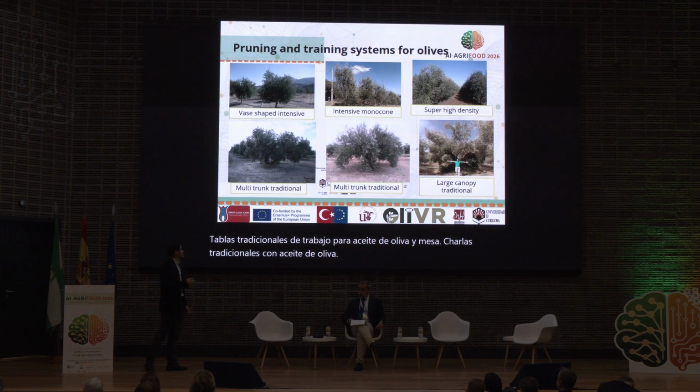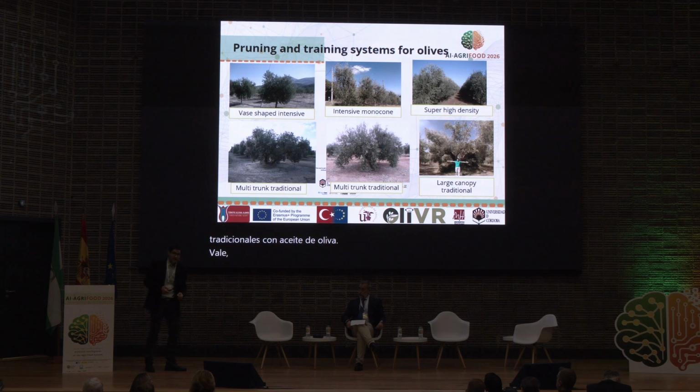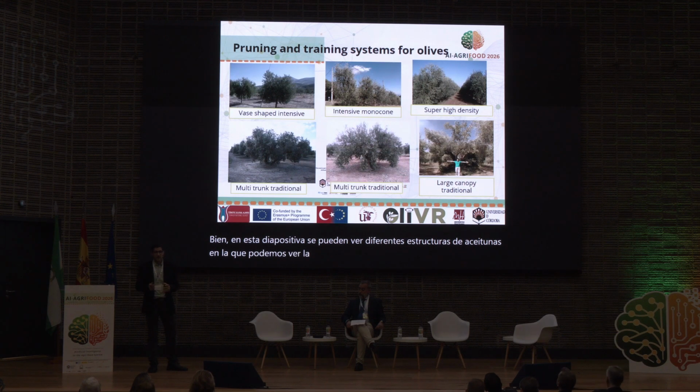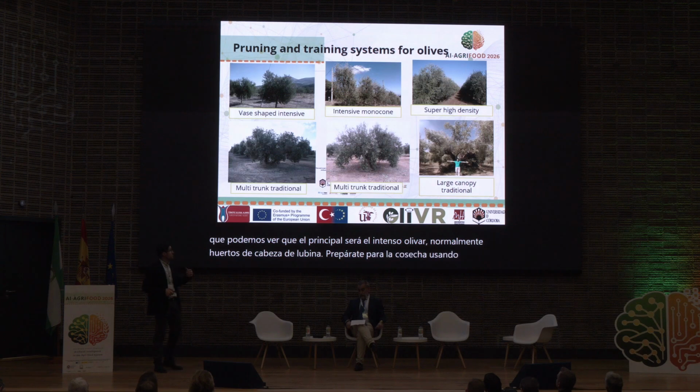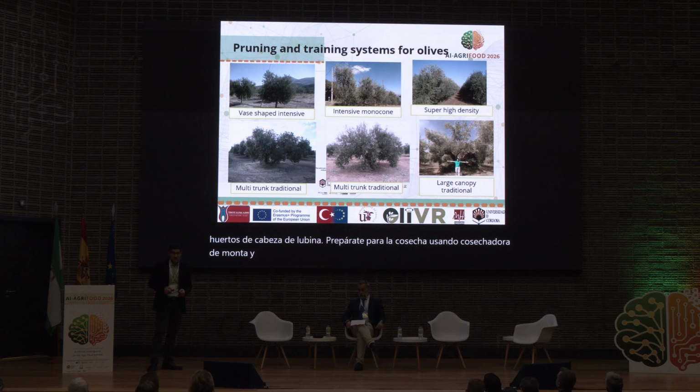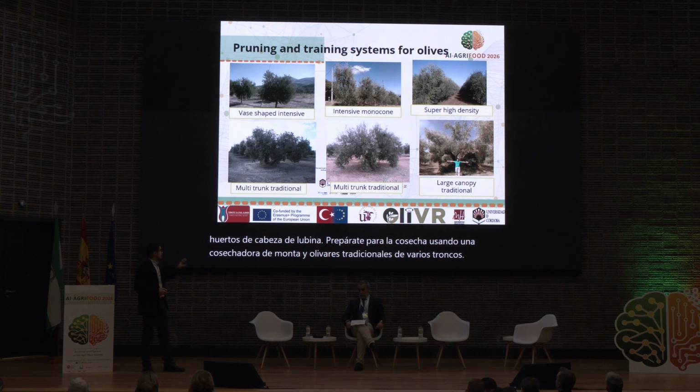Different olive structures can be seen in this slide: the intensive olive orchard, usually base-shaped, hedgerow orchards prepared for harvesting using straddle harvesters, and multi-trunk traditional olive orchards, which are the main type producing now in South Spain, not in other countries as we previously saw.